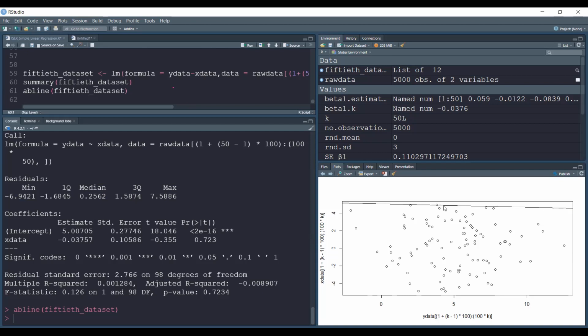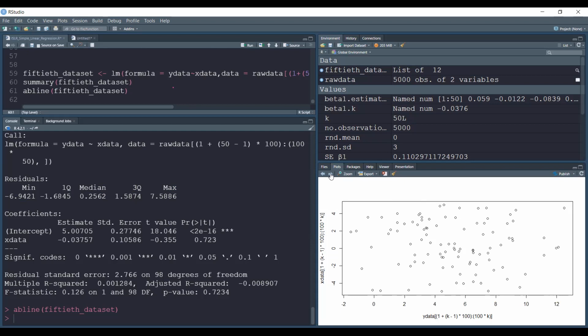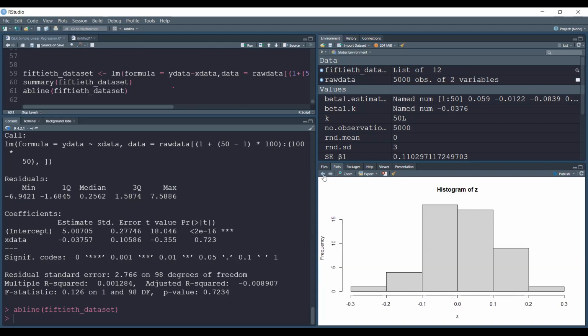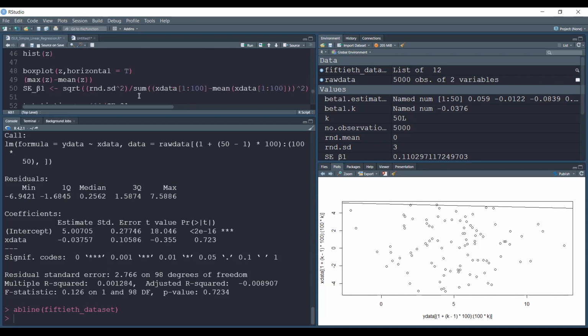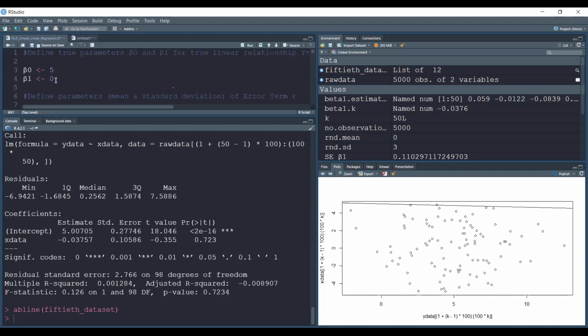So it's passing this line. The rest don't have it, but this one has it, because we're working just on the 50th data set. It's giving a y-intercept of 5, as you would expect, because this is what I started out with: a true intercept of 5 and a true slope of 0.